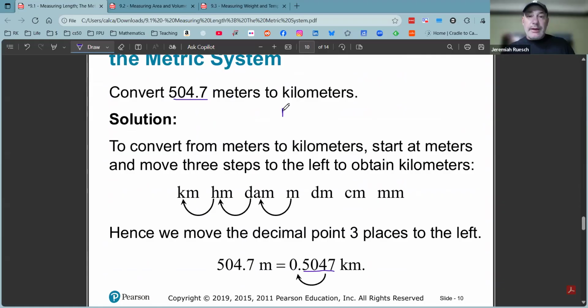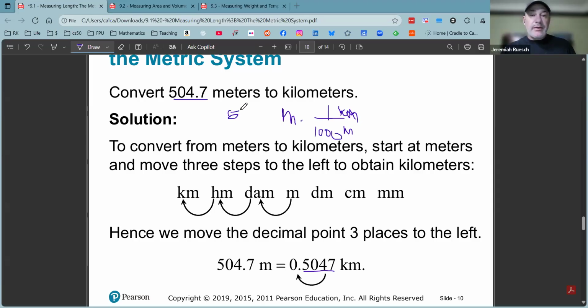Just to relate it again, so the meters times, I want kilometers. That's a K, and that's an M. And I want to get rid of meters. So for every 1 kilometer, remember there's 1,000 meters.